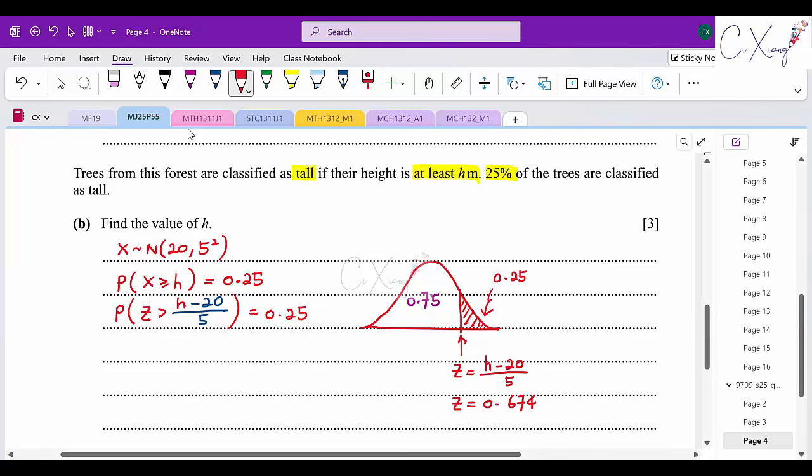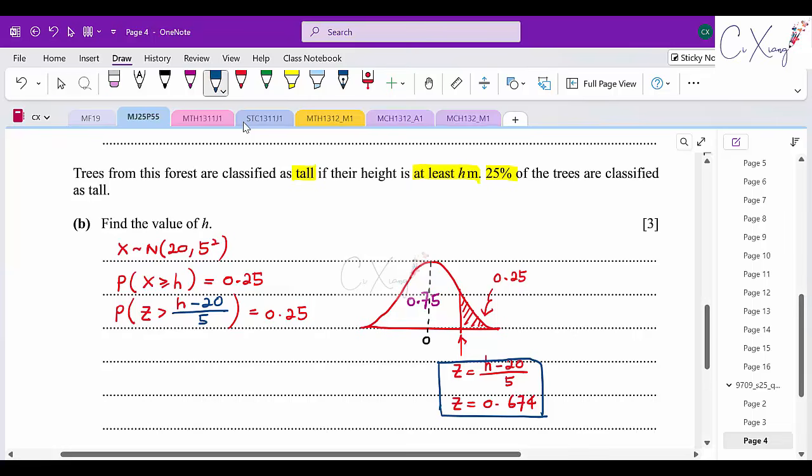Then in my solution, I know that this value is 0.674. According to the diagram that I drew, the center line, the mean, equals 0 in the standard variable z. This particular value of z is after the 0, which means it should be a positive value. Therefore, it should be positive 0.674. Then you compare these two values together because they should be the same.